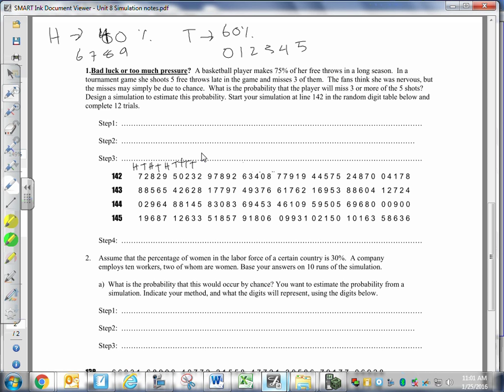Because this takes into account my uneven probability. Instead of odds and evens, I now have numbers 0, 1, 2, 3, 4, 5, which is a total of 6 numbers out of 10 single digits, and boom, I get it. Okay? This is the idea.